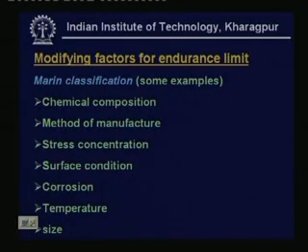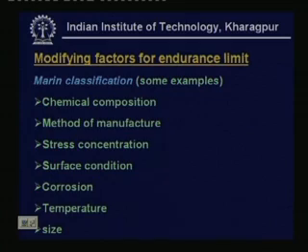These are not an exhaustive list of what has been shown here. Several other parameters, Marin parameters or Marin factors, whatever you call them, are also there, which are responsible for modifying the endurance limit of a material.